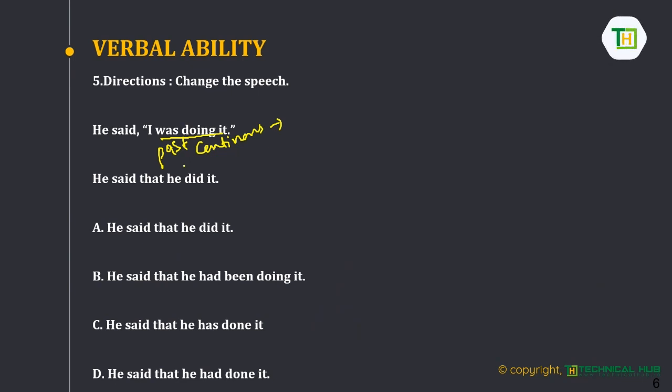You must convert that into the past perfect continuous.